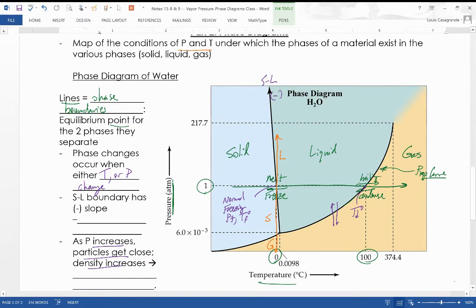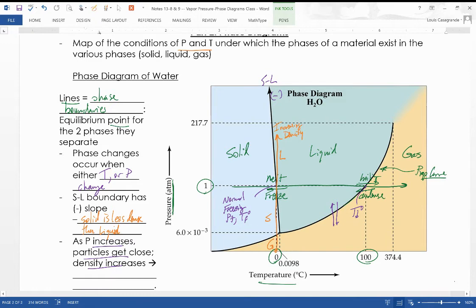Now, this is important because what that negative slope means is that the solid is less dense than the liquid, because as you move up that line, the density is increasing. Increasing density is shown in the phase diagram by seeing that we go from gas to solid to liquid.